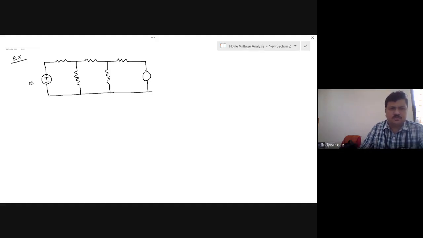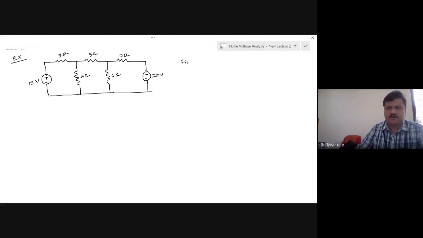So let this be 15 volts, 3 ohm, 4 ohm, 5 ohm, 6 ohm, 7 ohm, and 20 volts. Okay.